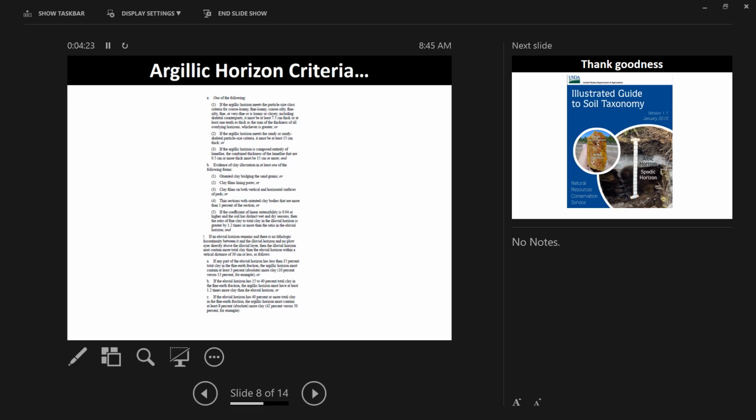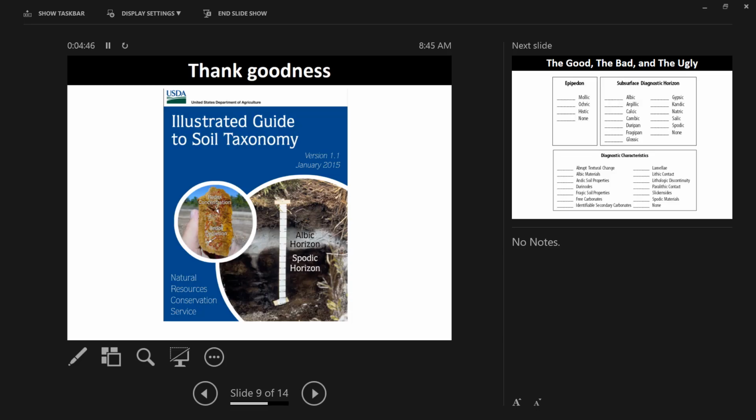This is the ugly part, because when you really get in and look at all of the criteria to call something like a Bt horizon an argillic horizon, it's like dense criteria, page after page after page. This is only just part 1 or 2, and there's a lot of criteria. So it takes a lot to really get to learn the ins and outs. We're not going to be able to do that.